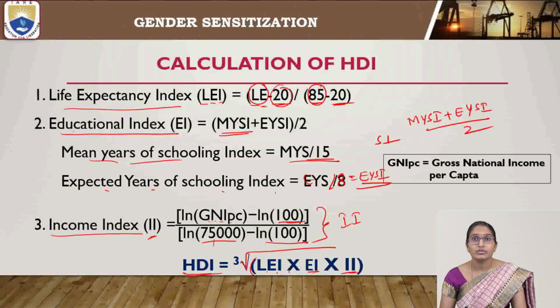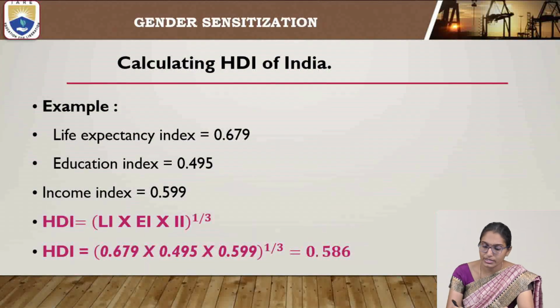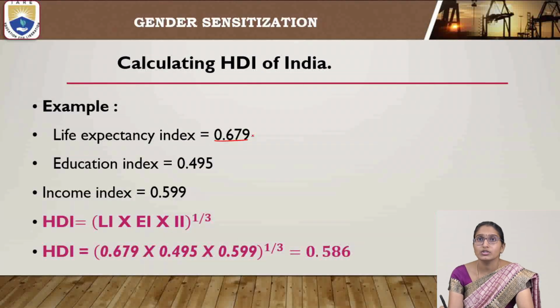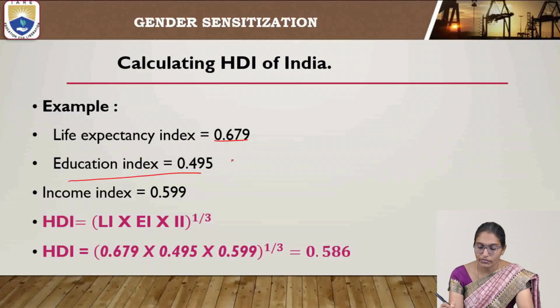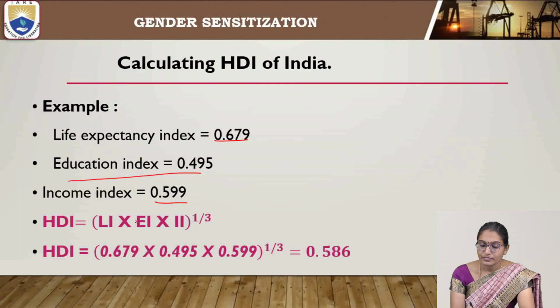So the cube root of all these three gives what? Human development index. So let us see one example here. For example, life expectancy index you have got 0.679, and education index in a particular country you have got 0.495, and income index is 0.599. So that is cube root, you can write as what?